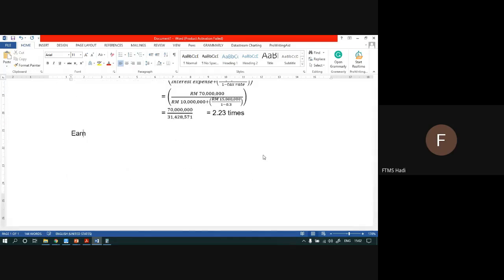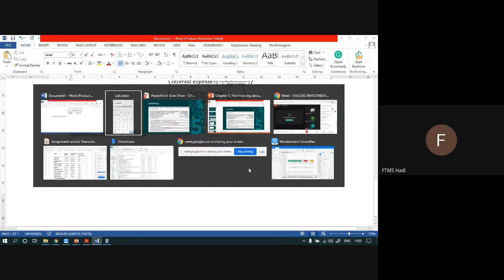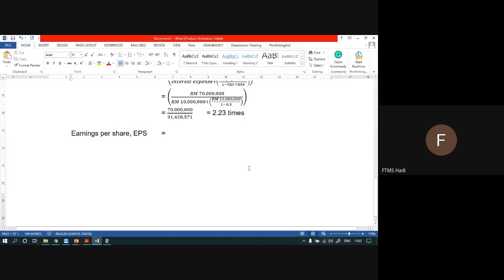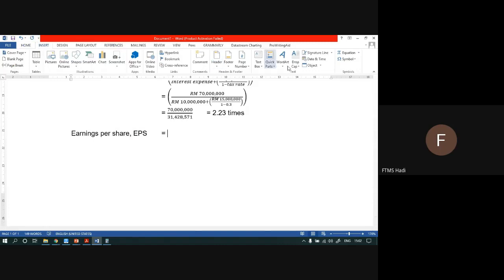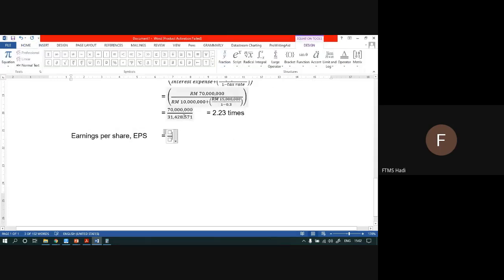All right, the last one is earnings per share. The formula will be the same: EBIT minus interest, in brackets, multiply by 1 minus tax rate, and then divided by number of shares outstanding.